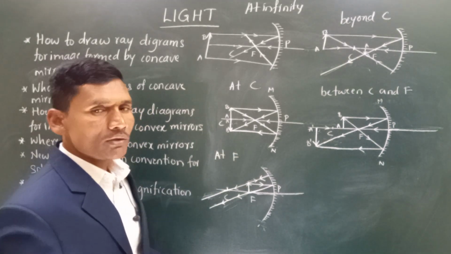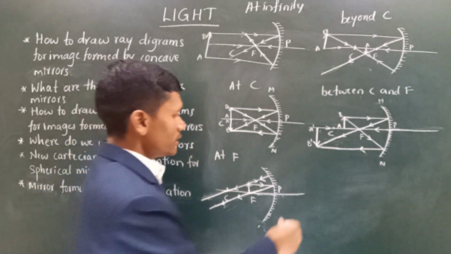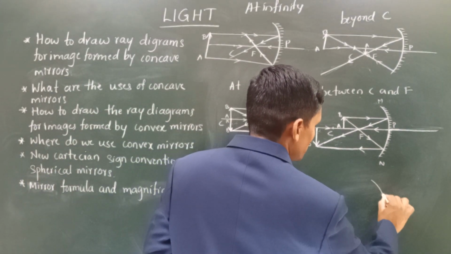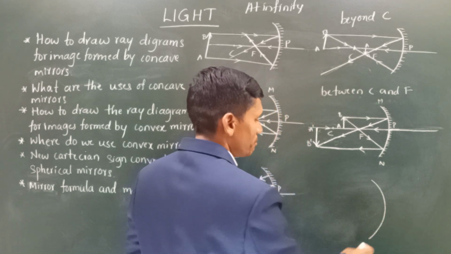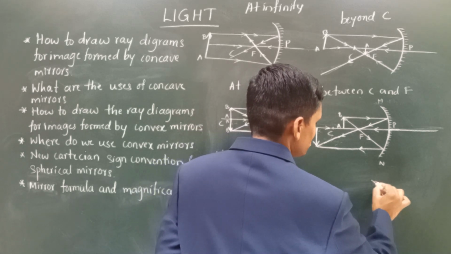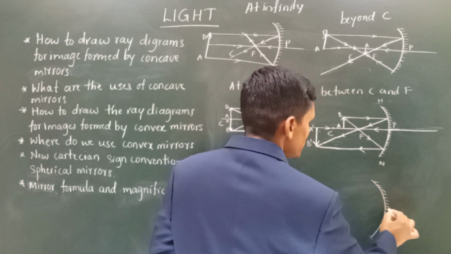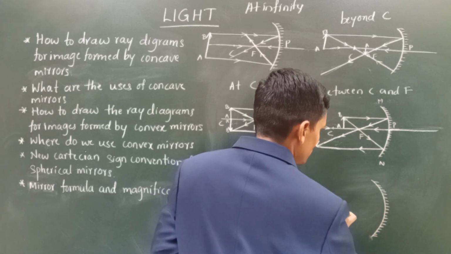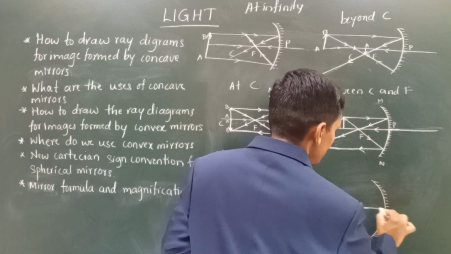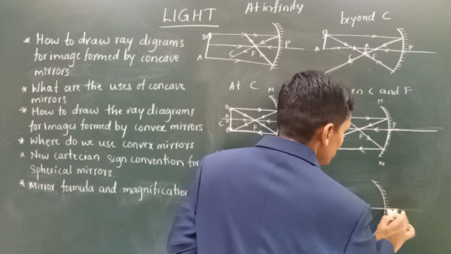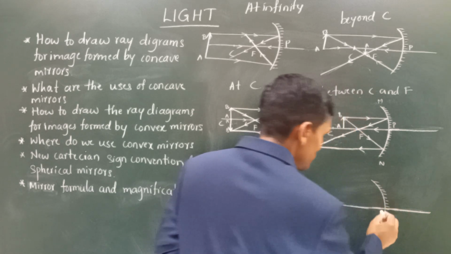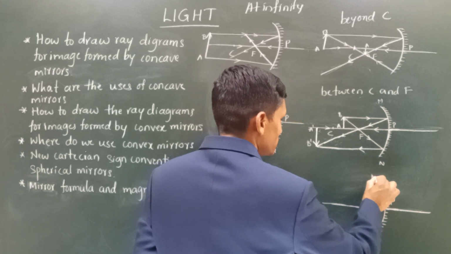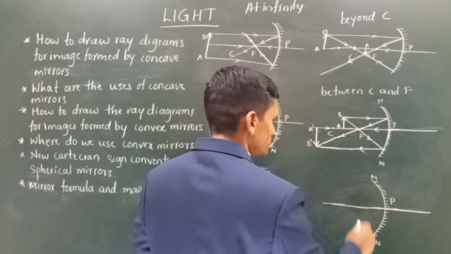Next, the last case we have to consider is when the object is between P and F. This is the mirror. Consider a principal axis here. This is the principal axis, this is the pole of the mirror, mirror MN.